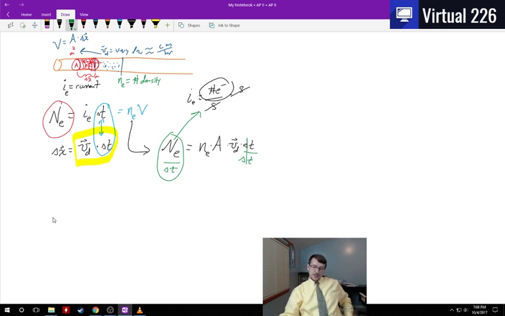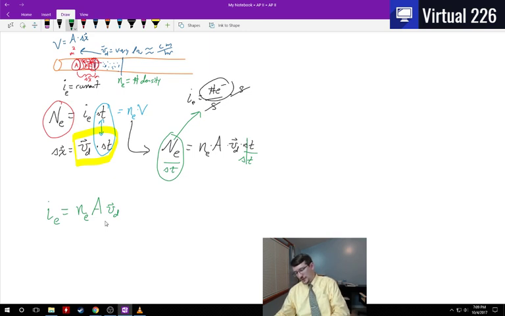So we can actually say that the electron current we have here is equal to the density of the electrons times the cross-sectional area of the wire times the drift velocity, which is very low. We all cool with that so far?